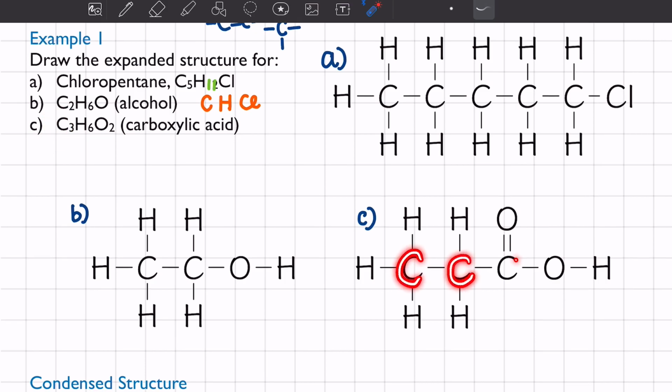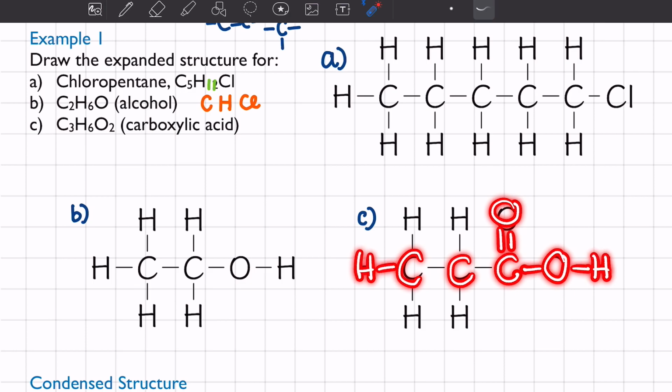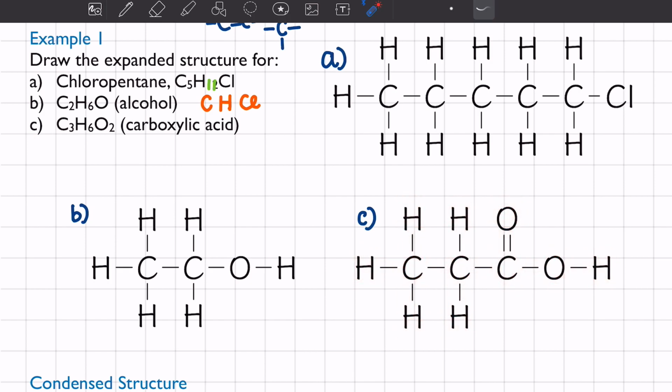Then we have carboxylic acid. So, C double bond O, O, H. Then we have 6 hydrogen connected to each of the carbon, and this one connected to the oxygen.